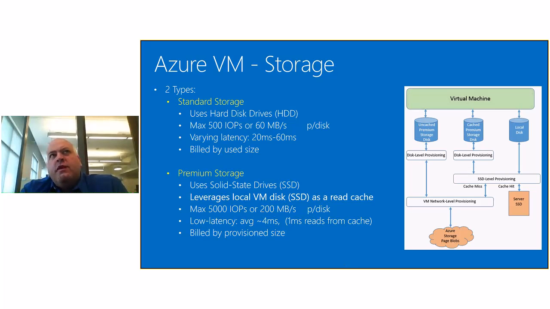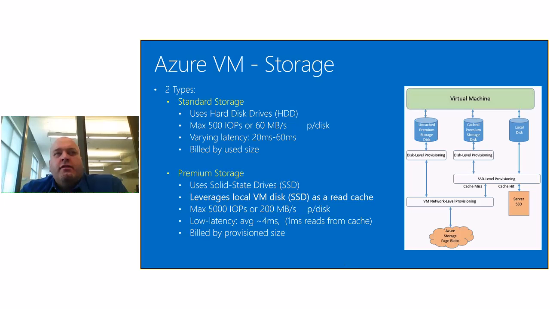Now, the difference here is premium storage. Consider premium storage to be solid state drives. It also allows you to use a local readable solid-state drive as a read cache. And we'll get into how large those read caches are in the future and what kind of performance improvements it gives you. But premium storage is what we recommend for our SQL Server virtual machines. There's a max of 5,000 IOPS, or about 200 megabytes per second per disk, and you can stripe those for increased throughput.